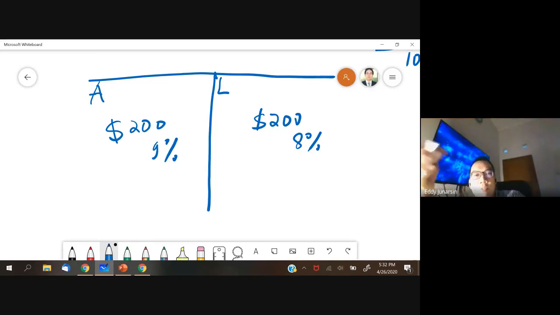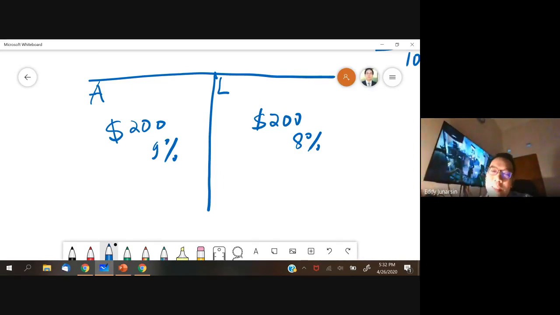Okay, so if they perfectly match, like such as this situation, then you don't need to worry about the exchange rate risk, right? Because you raise your liabilities in one currency, and you also lend out the money in the same currency, so they don't suffer from any exchange rate risk.